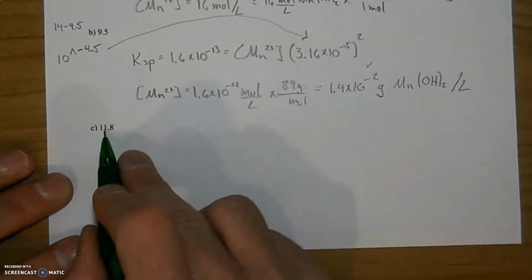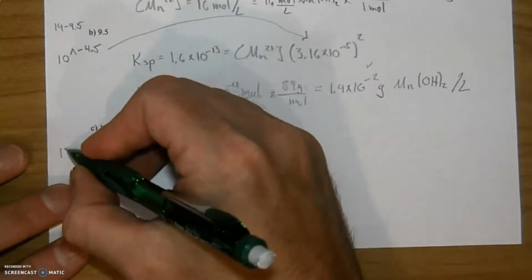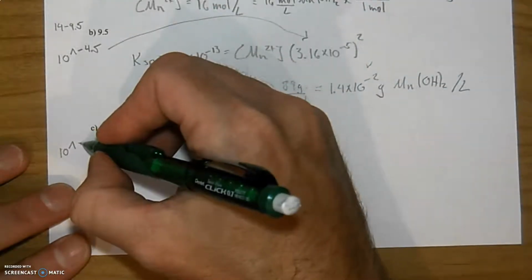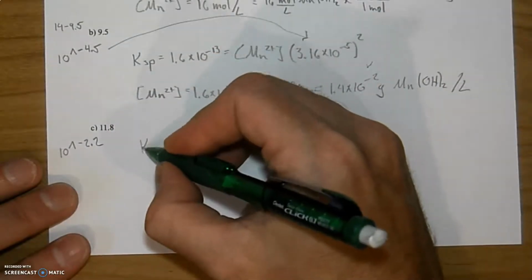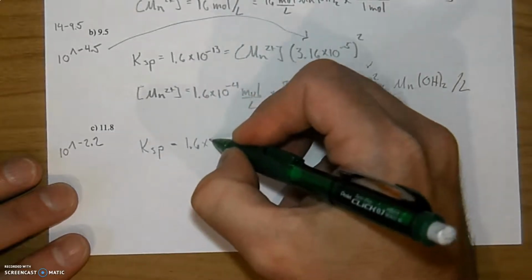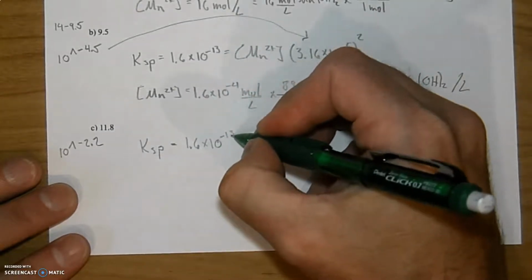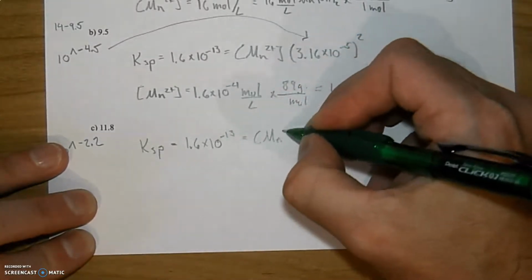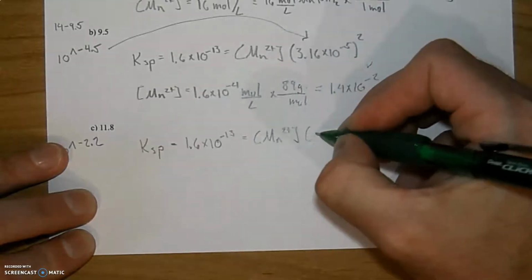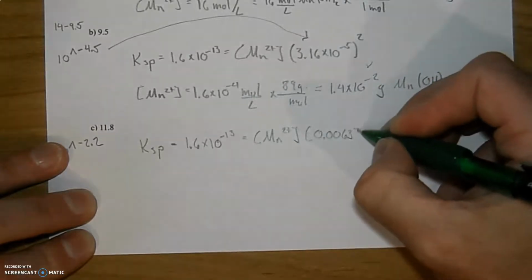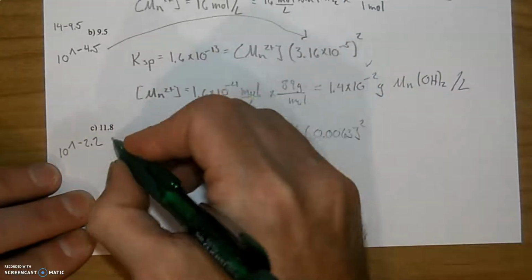All right, we got one more in this mix. This time it's 11.8, so what I would have for my pOH, or OH concentration, raised to 2.2. So same setup here. This value comes from doing the math from over here.